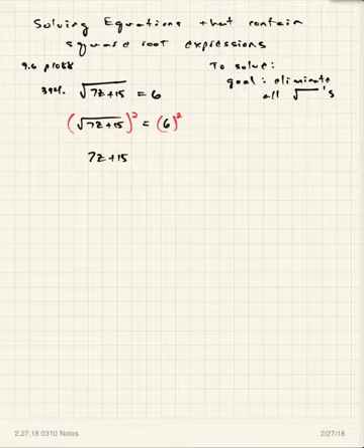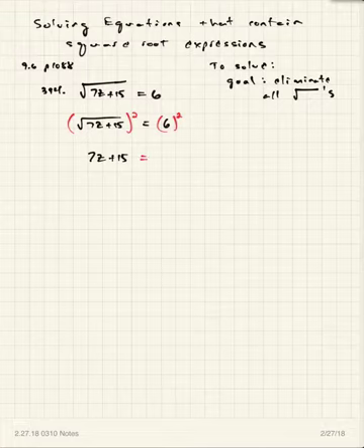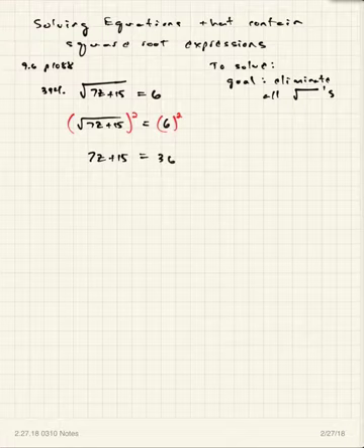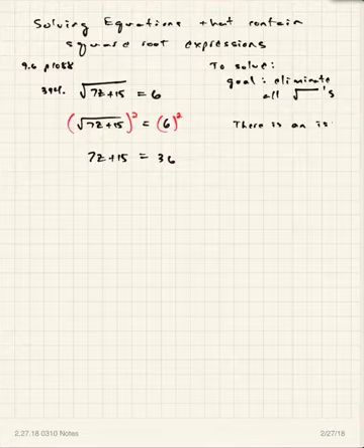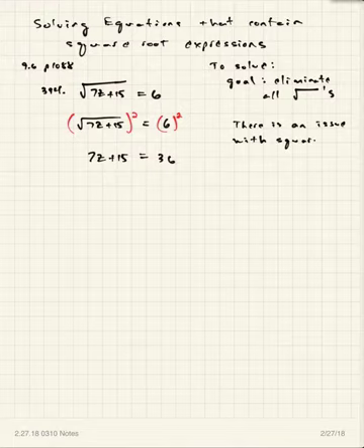Now, there is an issue here, an issue that did not come up when you add or subtract the same number on both sides. So we do need to talk about this for a second before I finish this problem. There is an issue with squaring both sides of an equation.